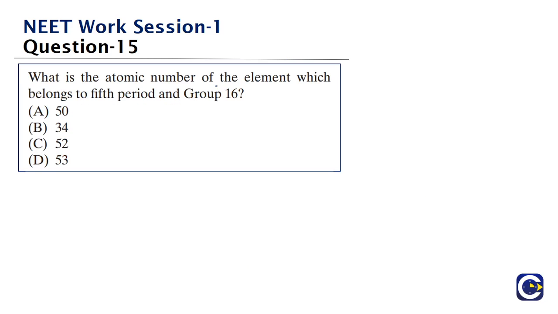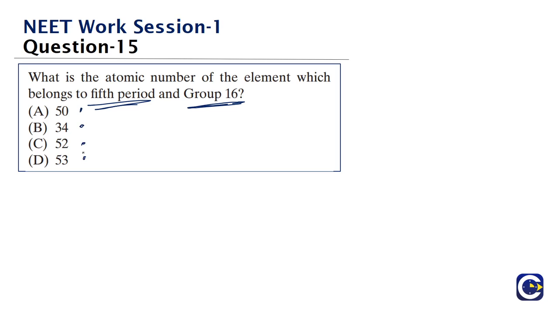Next, we look at question number 15. What is the atomic number of the element which belongs to the 5th period and 16th group? So we have to find the atomic number of that element. Here they are giving us the 4 options.